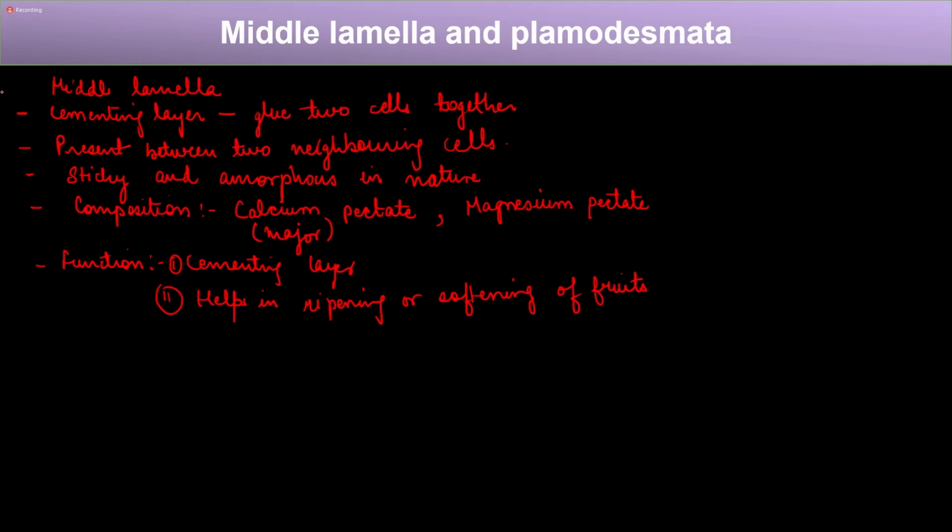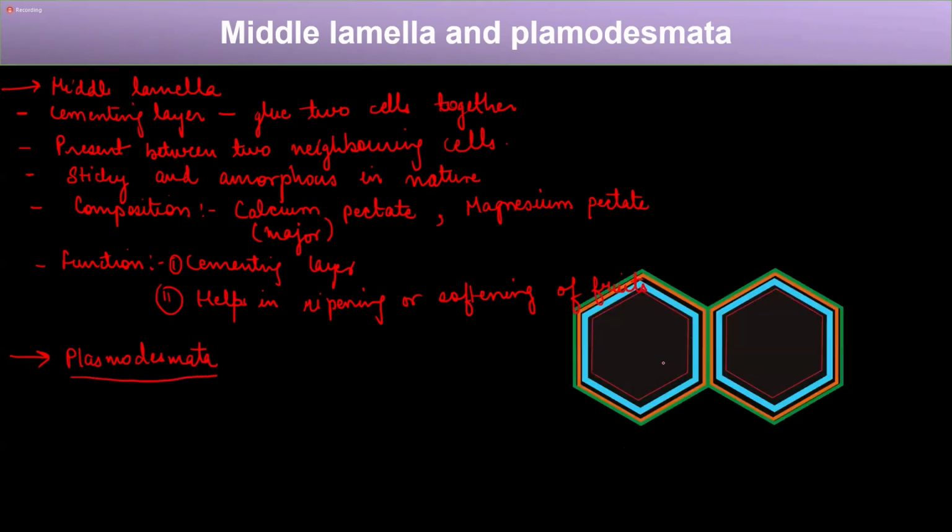Now we have seen the middle lamella. The second thing is plasmodesmata. So what do we understand by plasmodesmata? If you see this figure, these are the two cells, right?